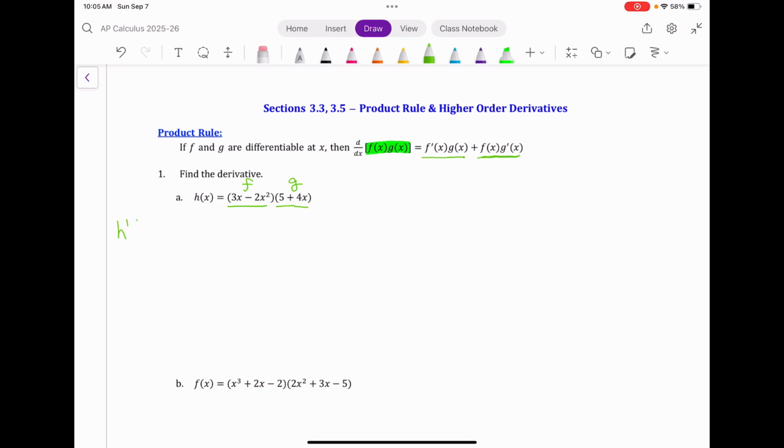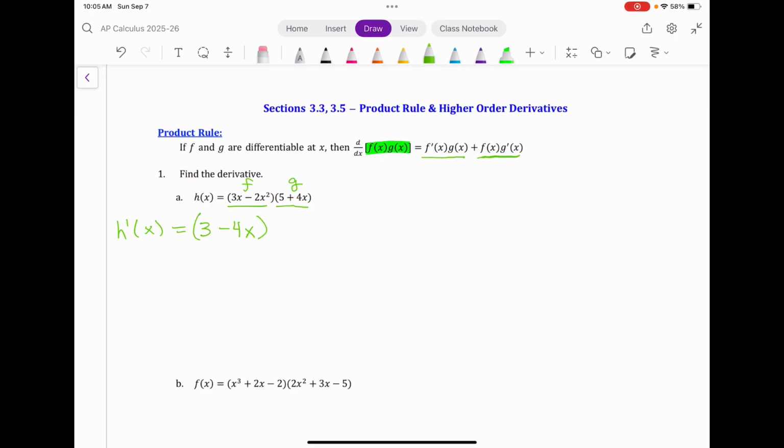Okay, so if I'm finding the derivative of h of x, h prime of x, we'll use the product rule, and then we'll talk about how we could also find the derivative a different way. So take the derivative of f. The derivative of 3x is 3, and the derivative of minus 2x squared is minus 4x using the power rule.